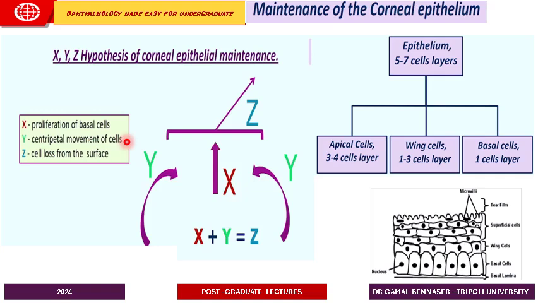Now, the principle says that for the equilibrium of the corneal epithelium to happen, the amount of proliferation of the epithelial cells should equal the amount of shedding of the epithelial cells. So this is known as the XYZ hypothesis, in which X stands for the proliferation, Y for the migration, and Z for the shedding of the epithelium. So the shedding of the epithelium should equal the amount of the proliferation plus the amount of centripetal movement of the epithelium within the corneal epithelium.